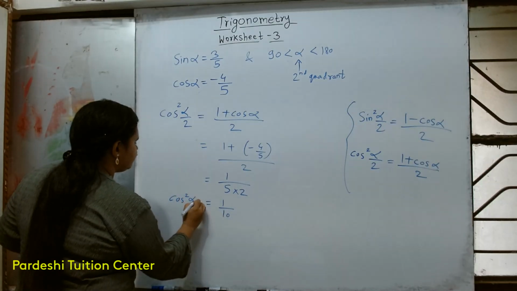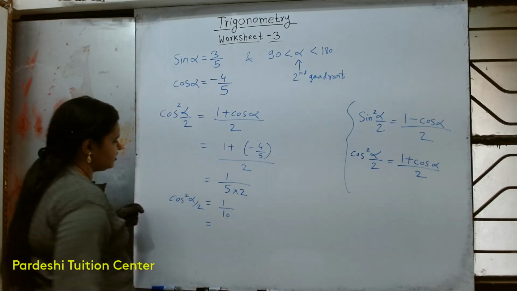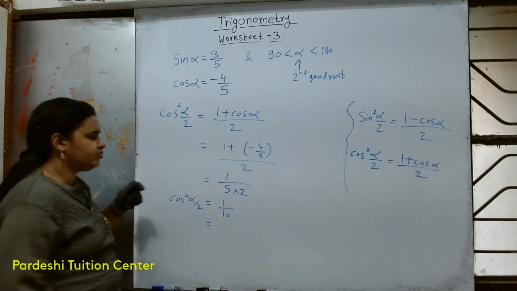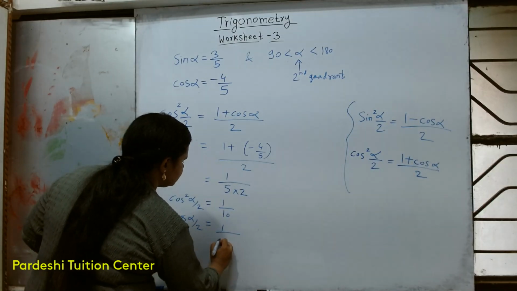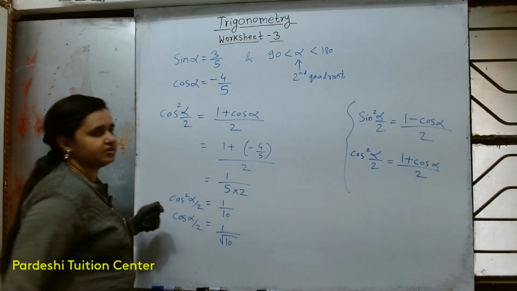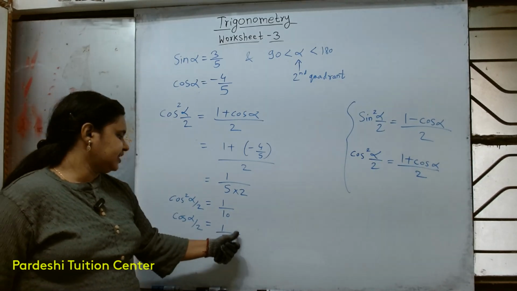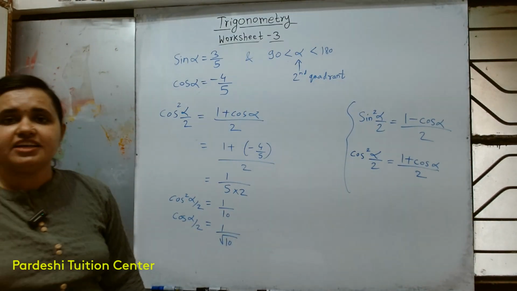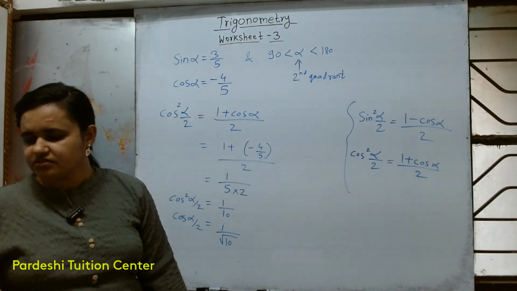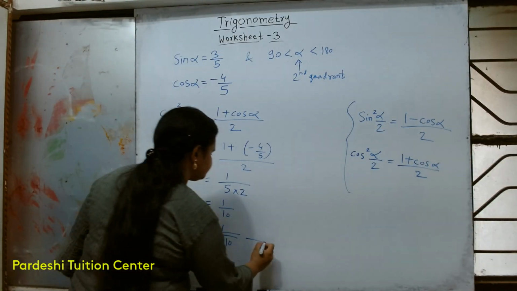If I take the square root on both sides, it will be cos alpha by 2 equals 1 upon under root of 10. So cos alpha by 2 is calculated as 1 upon root 10. That is the S option. For B, the option is S.